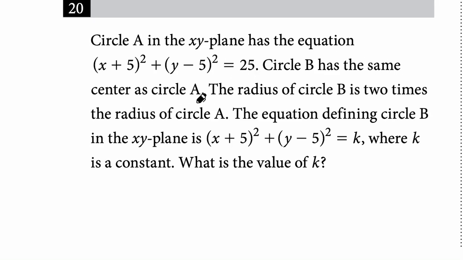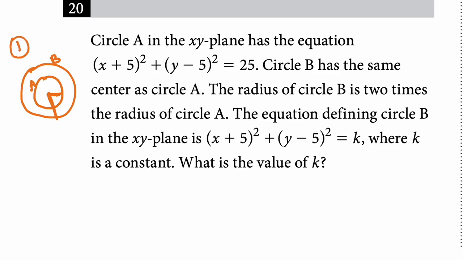Circle B has the same center as circle A. The radius of circle B is 2 times the radius of circle A. So when it says they have the same center, that means this is circle A and this is circle B. And this radius is double that of this one. This is what the question is saying. Visualize it something like this.